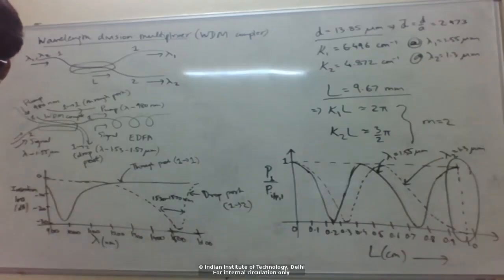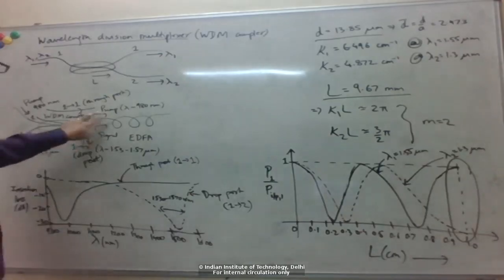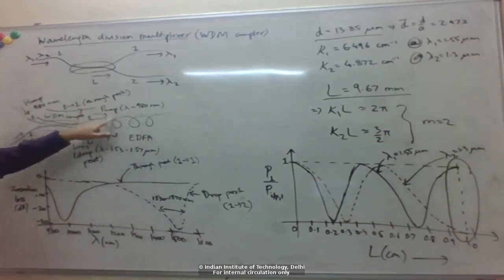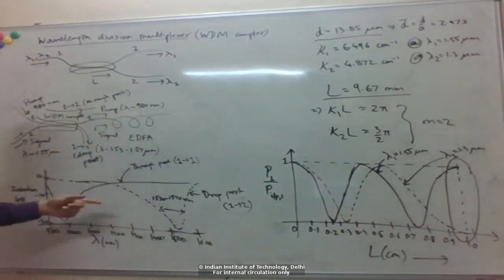Signal is an input to... Yeah, sure. I guess I plotted the reverse, right? If I send both pump and signal from here, then they come out here and here. That's what I plotted.